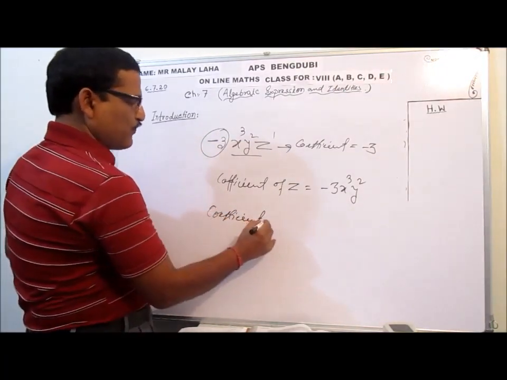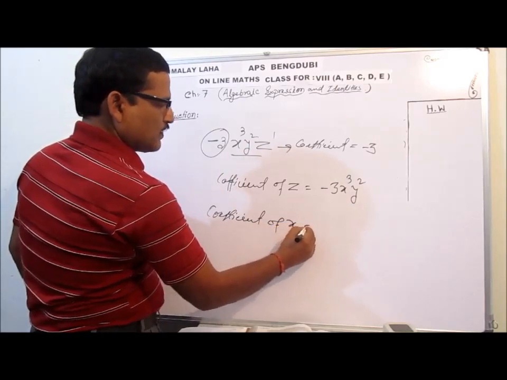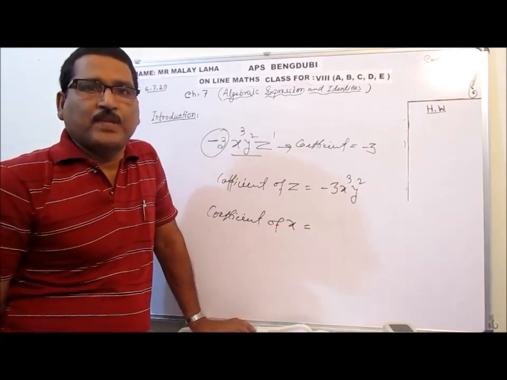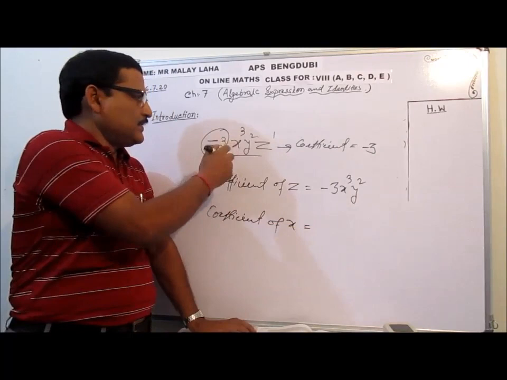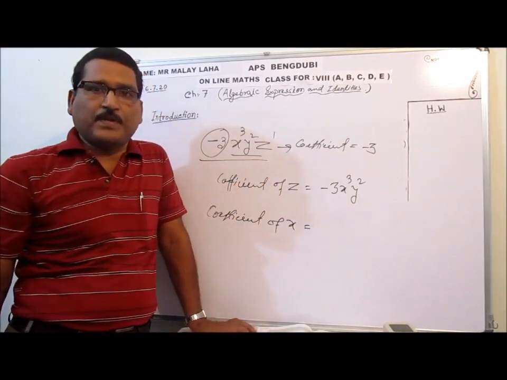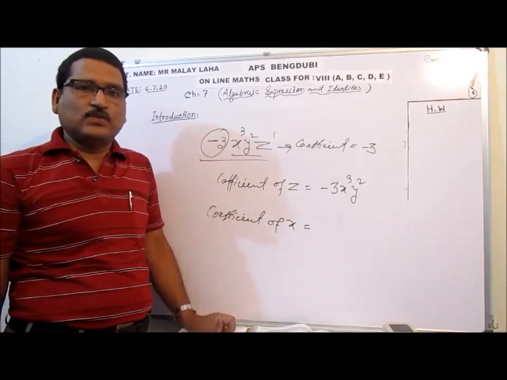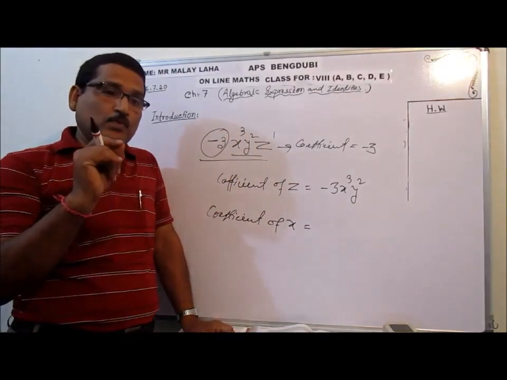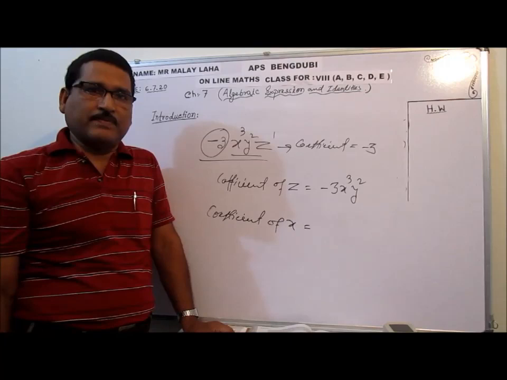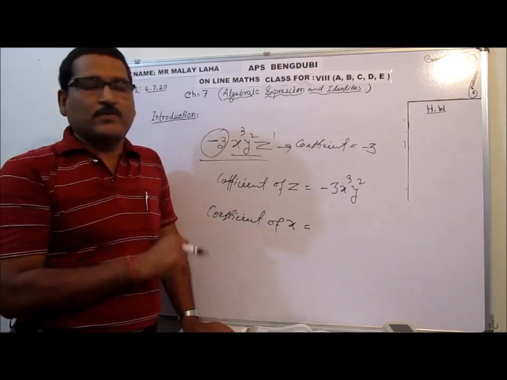But again, if I say coefficient of x, what will be the answer? Tell me. What is the coefficient of x in this term? How many x were there? X raised to 3. That means you have to delete one x from this factor and the remaining part will be the coefficient.